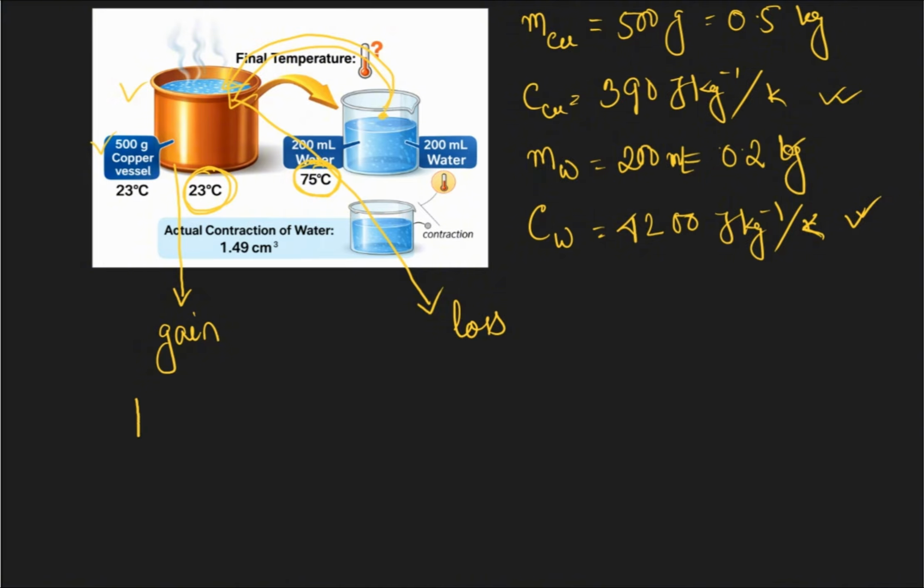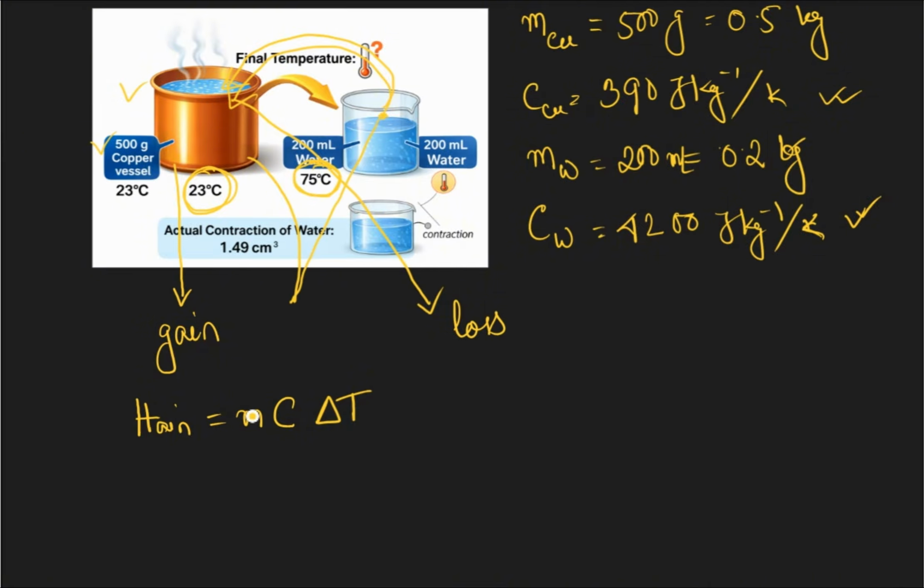let's say the heat gain is equals to mCΔT. So of course, when we are mixing, there will be a mix temperature.